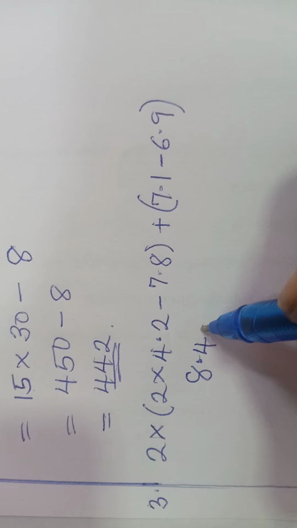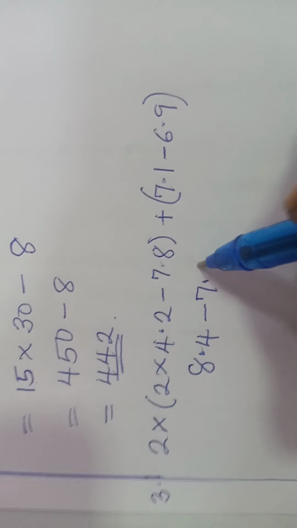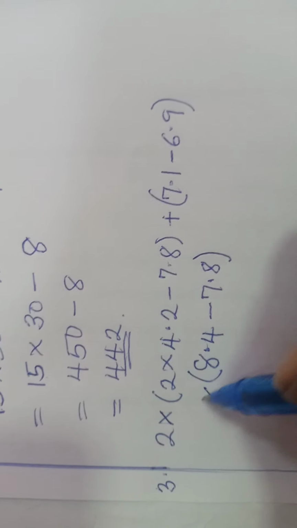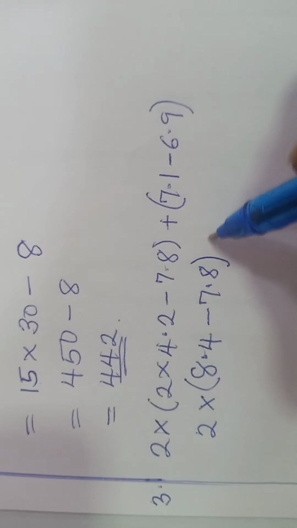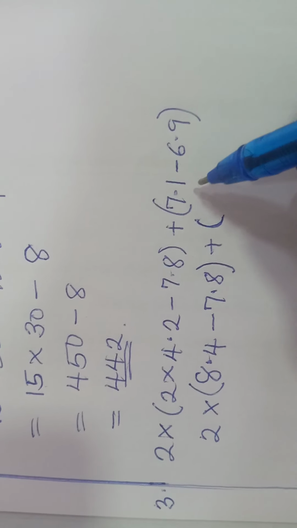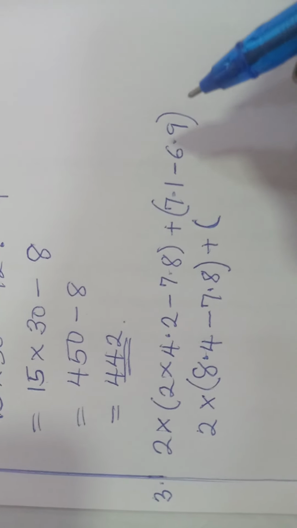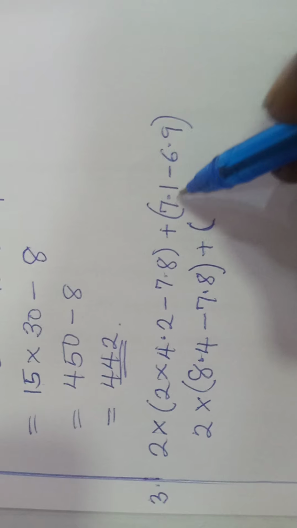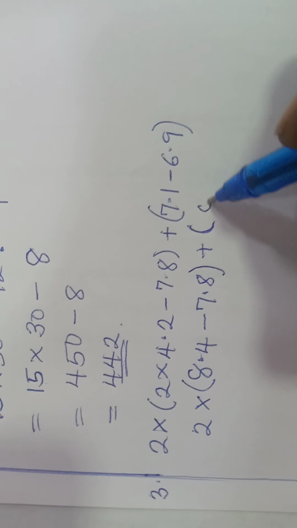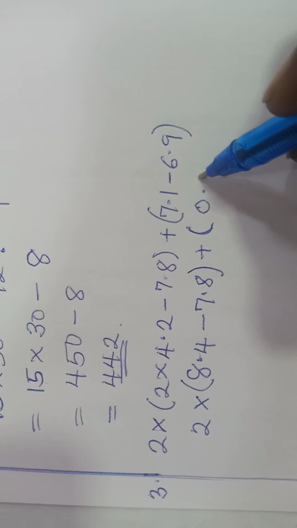Then bring down your minus 7.8. Close your bracket. Then bring back other operations and numbers that you have not used. But can we work on this bracket as well since they are not connected? Of course we can. 7.1 minus 6.9. If you do 7.1 minus 6.9, you have 0.2.